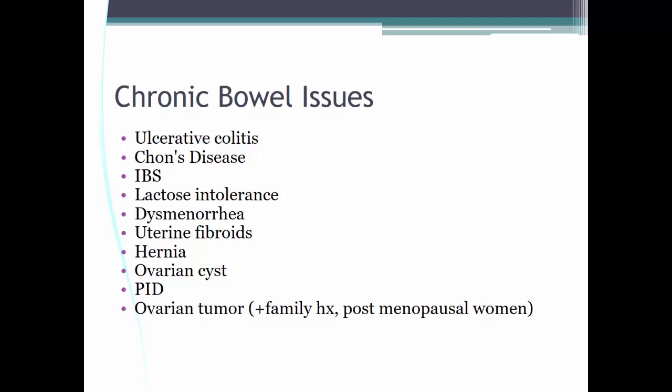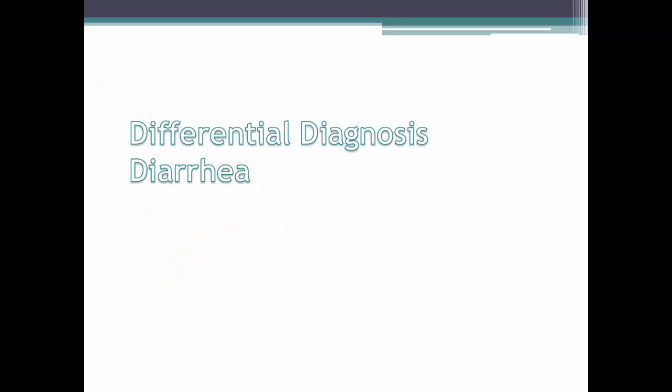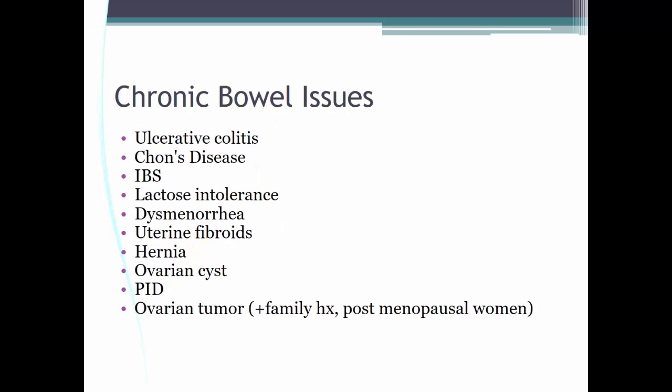Other diseases that could produce abdominal pain, for example, chronic bowel issues such as ulcerative colitis and Crohn's disease, irritable bowel syndrome, lactose intolerance, dysmenorrhea, hernias, ovarian cysts, or tumors. Now, before we go into the diarrhea, let's talk briefly about irritable bowel syndrome.